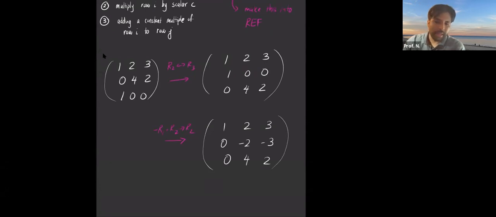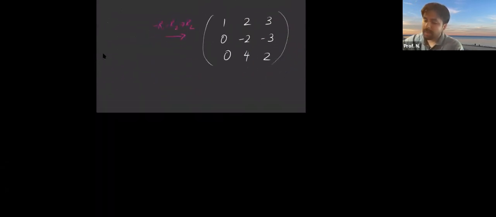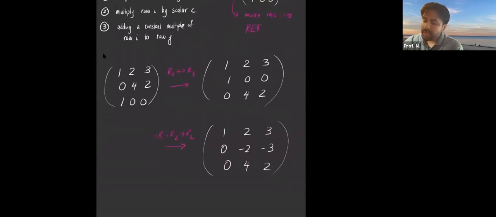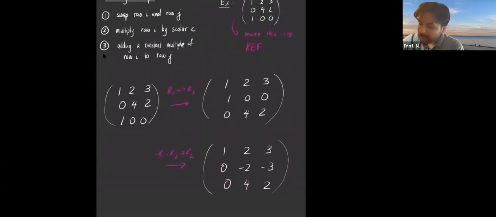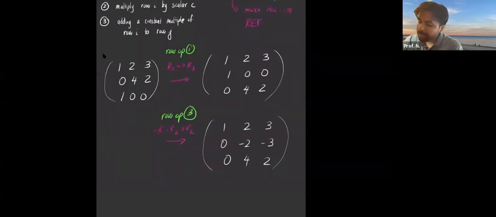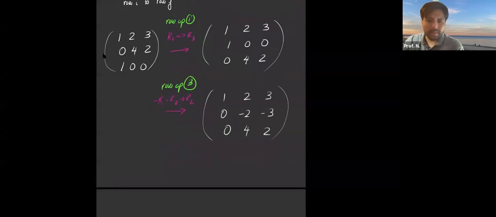And then what do I do after that? So this is like saying row op 1, and this is row op 3. And then what would I do with this?